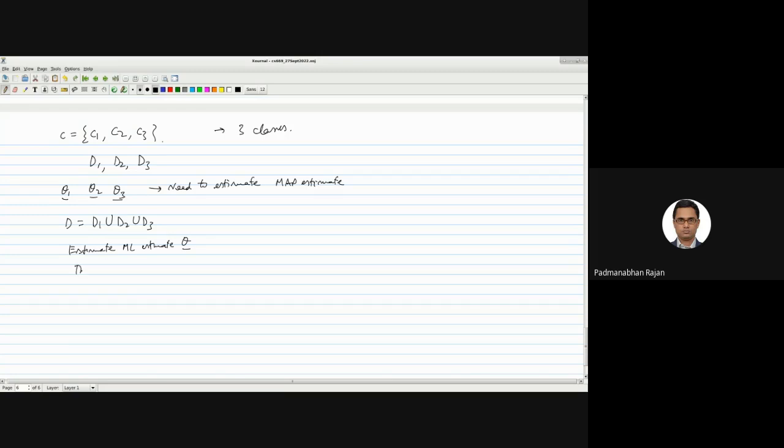Now these will form the prior for theta 1, theta 2, theta 3. Similar to what we did earlier, if it is mean and variance, we can assume that the variance is the same for all the 3 classes, and the means are going to be different for each of the 3 classes.